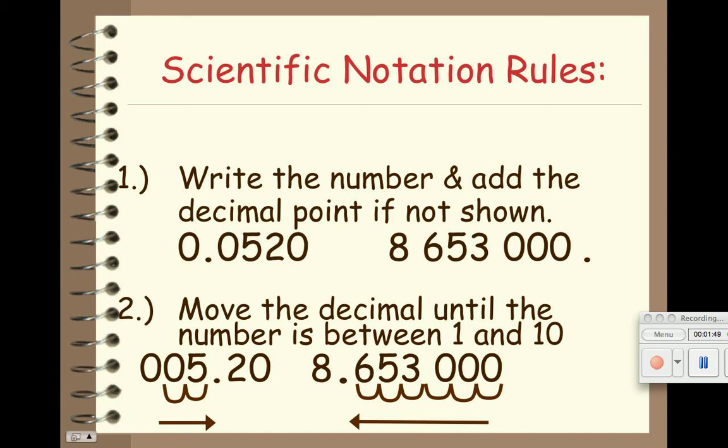Then I move my decimal to create a number between 1 and 10. In this particular case, I move the decimal 2 places and create a number 5.2, which is between 1 and 10. And here I move my decimal 1, 2, 3, 4, 5, 6 places, and I create a number between 1 and 10.